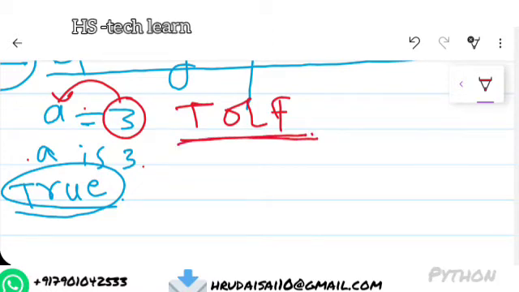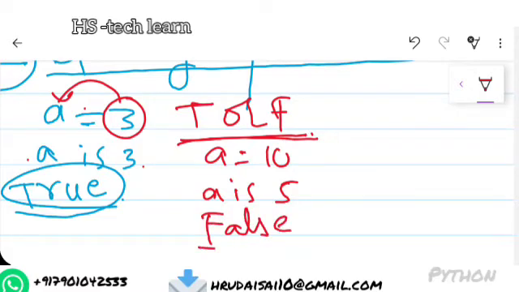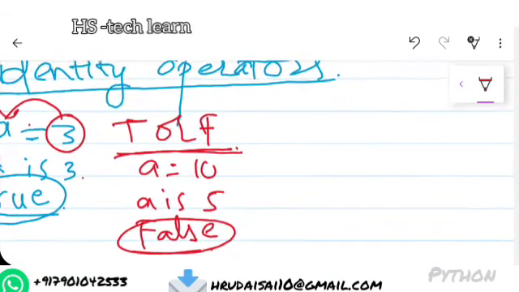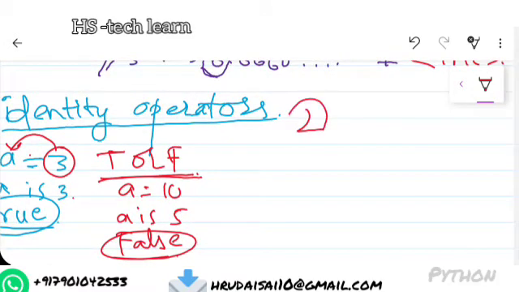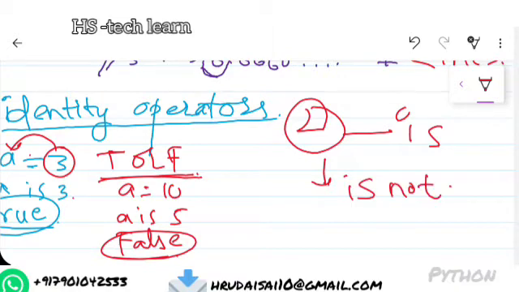Let us see one more example. A equal to 10, A is 5. This is wrong, right? So we are getting false as output. We are having two identity operators: is, and is not, which is quite the reverse of this.